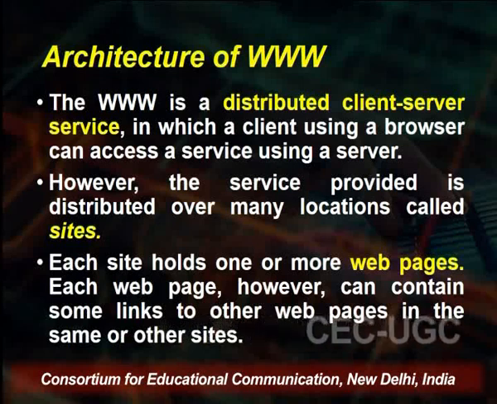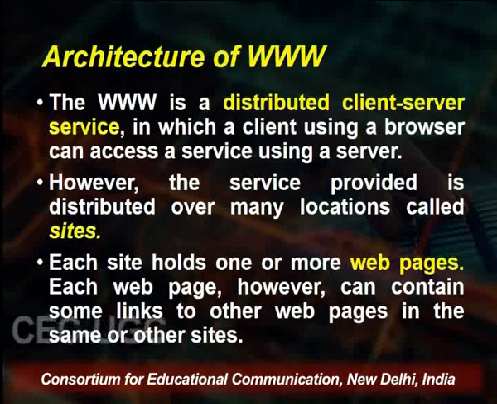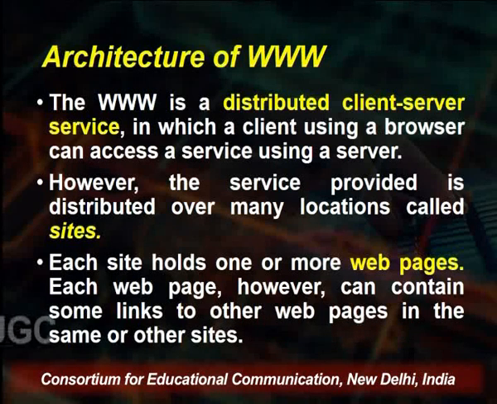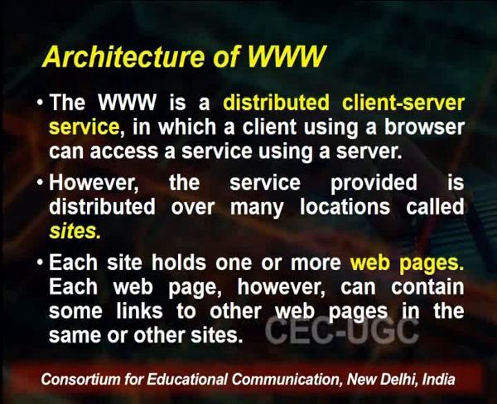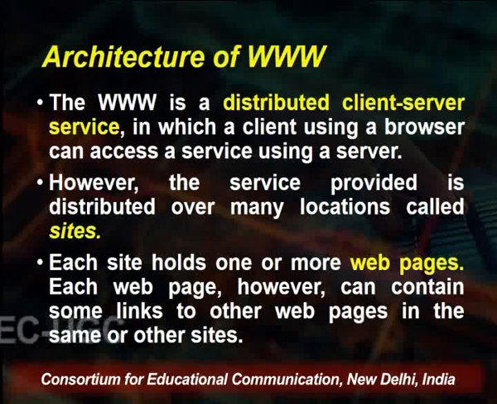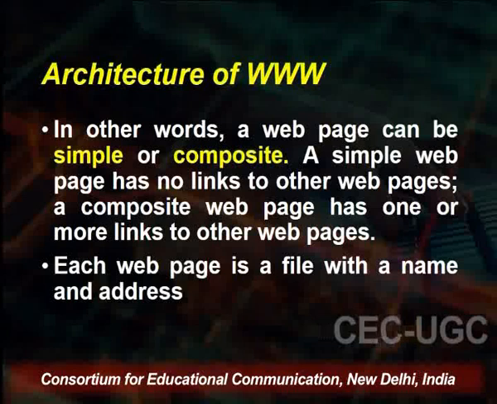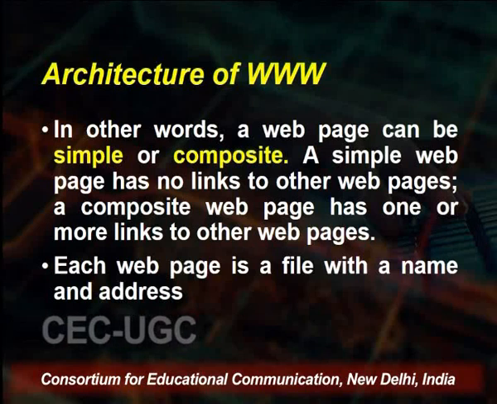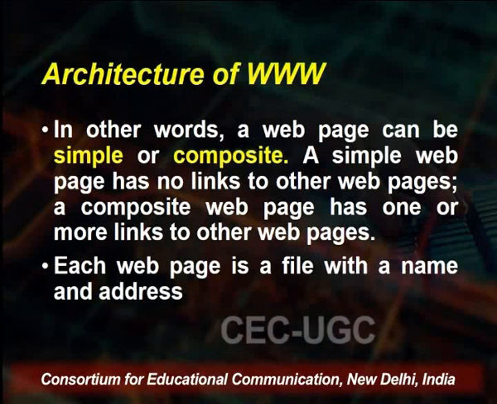And each site, or what you call a website, will hold one or more web pages, and each web page will have links to other web pages within the same site, or outside the site, maybe to some other sites. So this is basically a distributed client server service, because the web pages can be located anywhere on any of the servers. So in other words, we can say that a web page can be a simple web page, or it can be a composite web page.